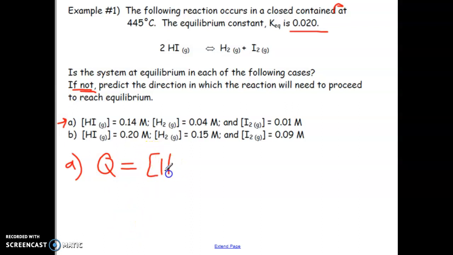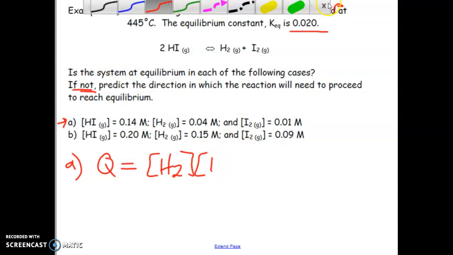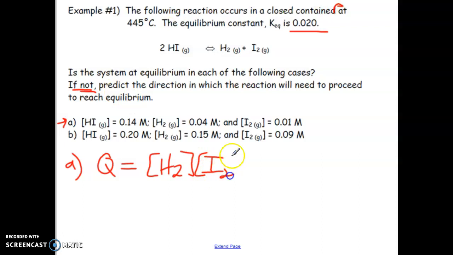So we have our products over our reactants. And remember that the exponents are the coefficients in front. And essentially, we're just going to plug in the numbers that are here, right?